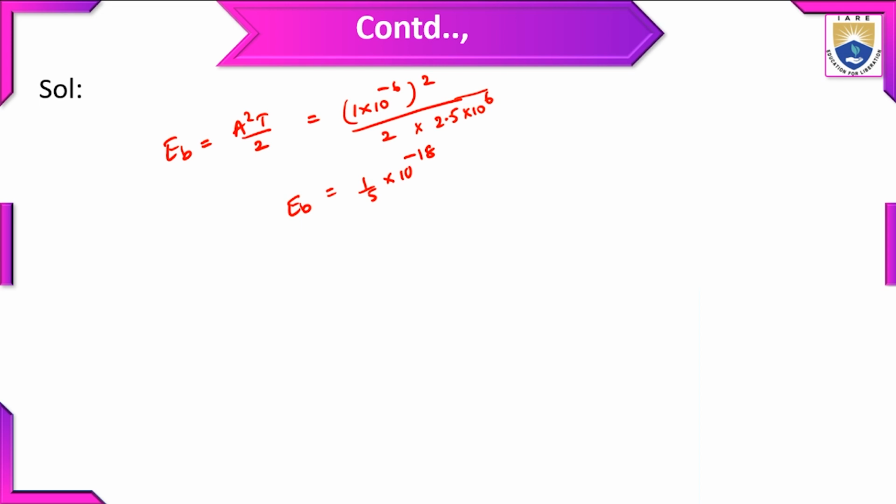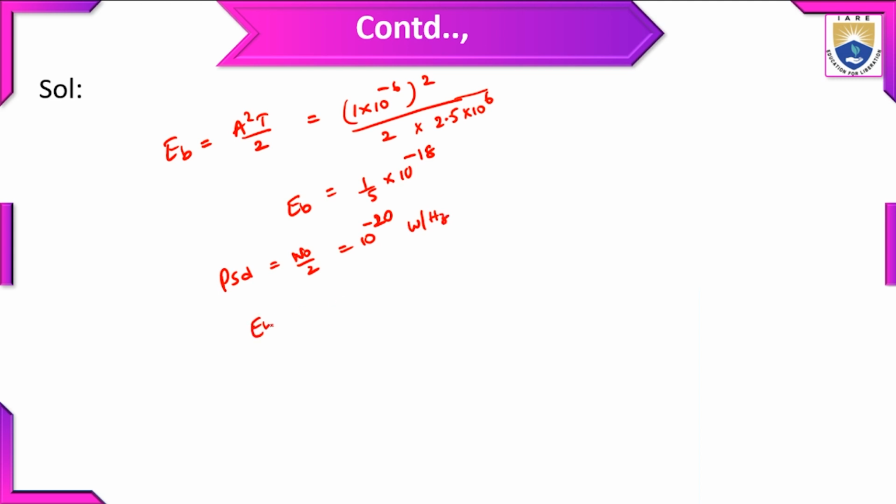Okay. And what they given, PSD, power spectral density of noise, is nothing but N0 by 2. That is equal to 10 power minus 20 watts per hertz. Okay.